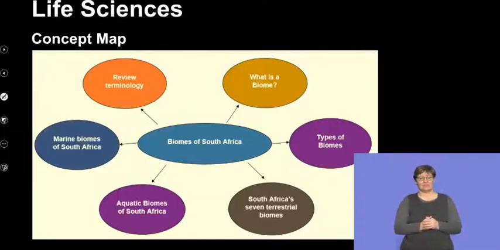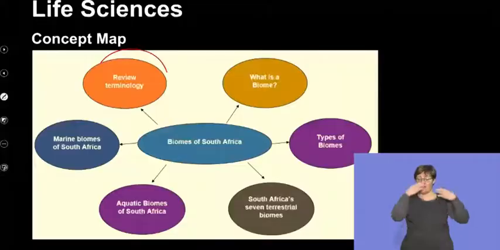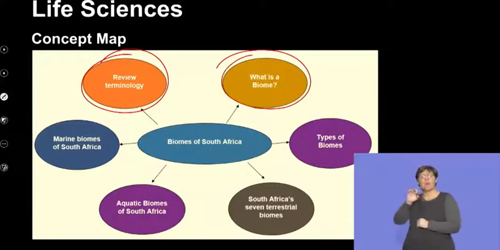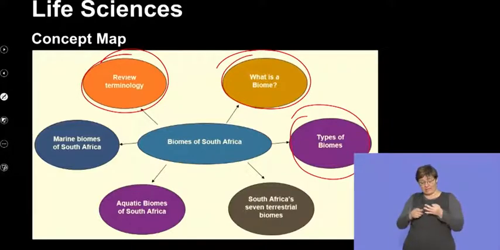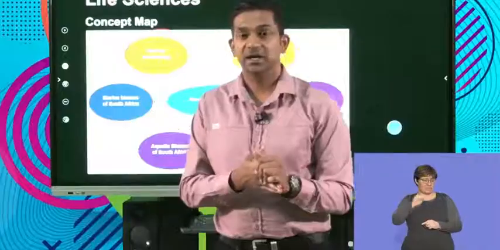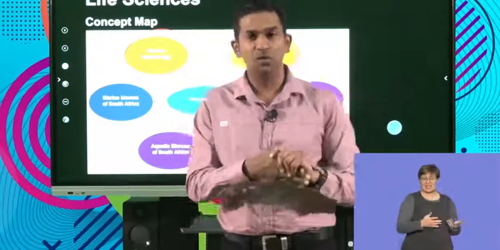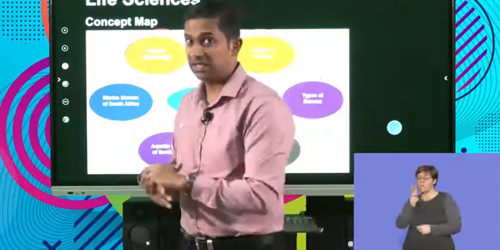Okay, so as we get into the lesson, we've looked at some important terminology. We've tried to unpack what biomes are, and in our next segment, we spoke about the types of biomes. So broadly speaking, biomes are classified, again, according to the presence of land, in this case, the terrestrial, or the presence of these biomes in water.